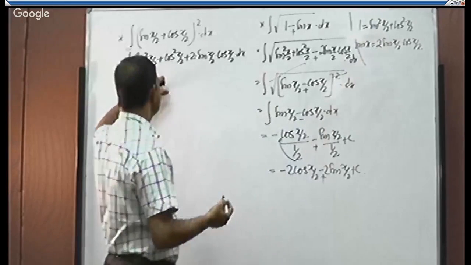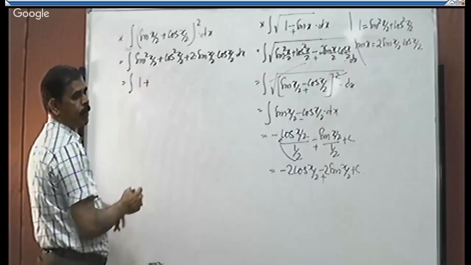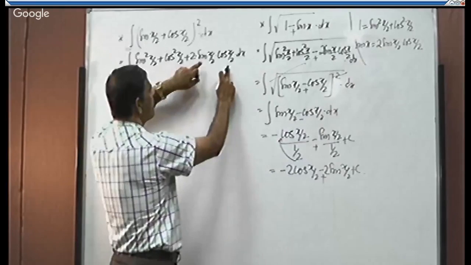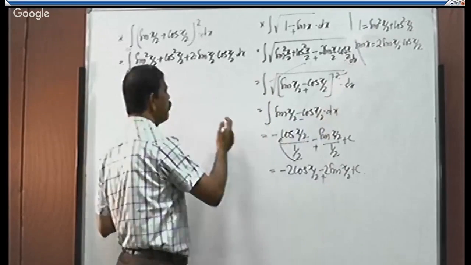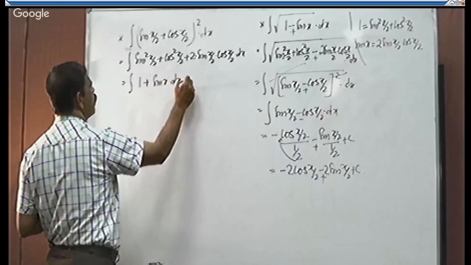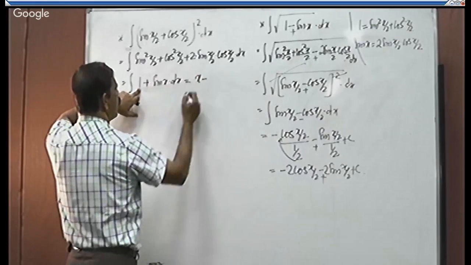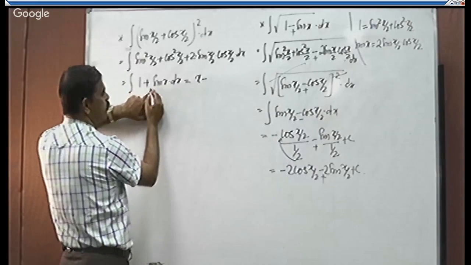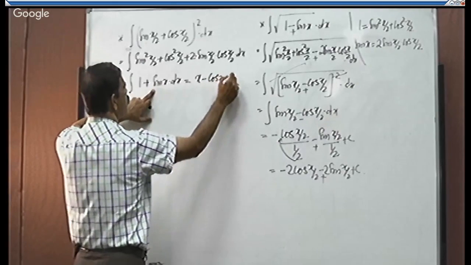Sin square x by 2 plus cos square x by 2 is 1, plus 2 sin x by 2 cos x by 2, which is sin x. So it becomes 1 plus sin x into dx. Integrate it. Integration of 1 is x. Integration of sin x is minus cos, so x minus cos x plus c.